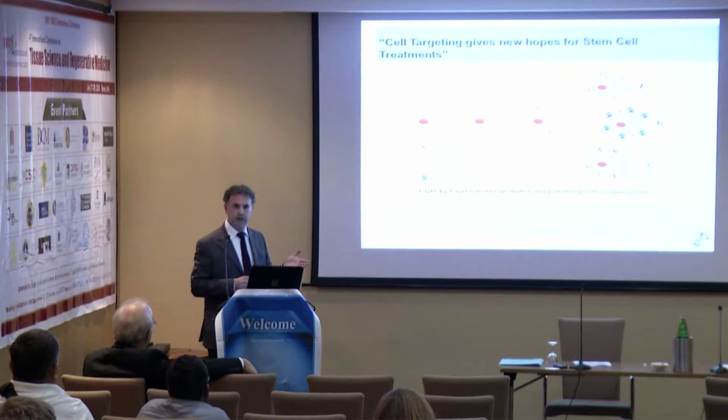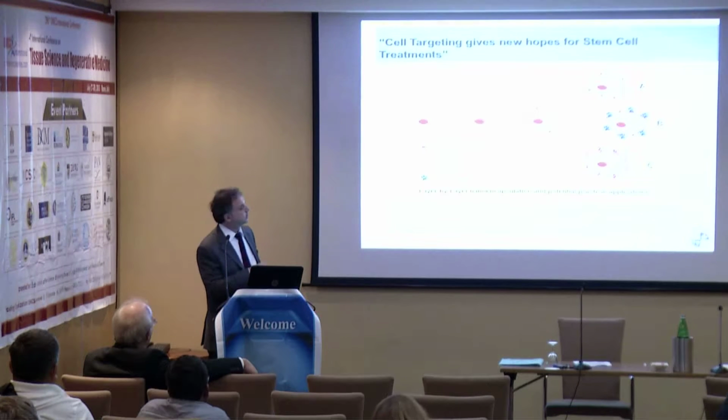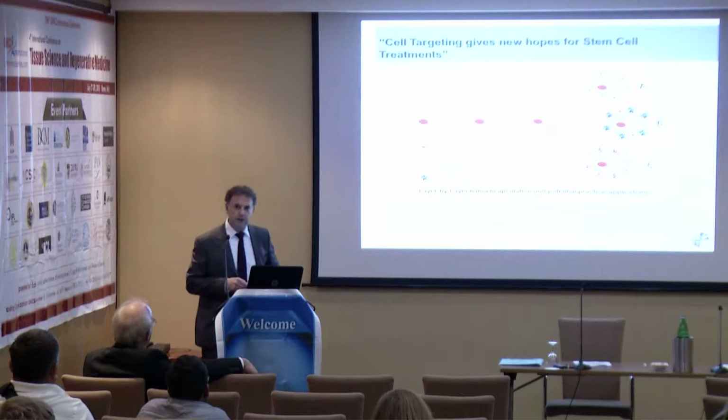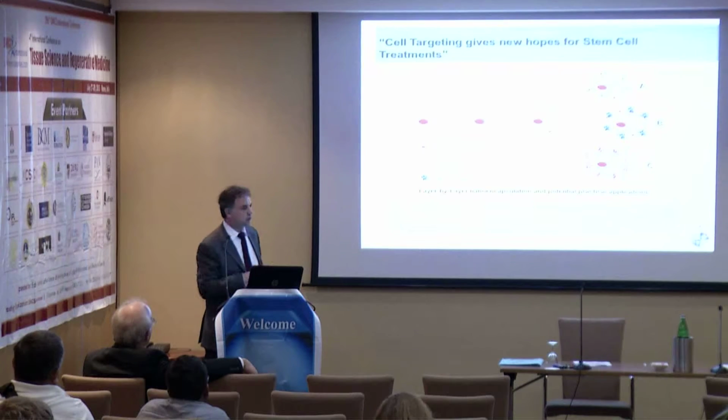The other thing that you can do is to conjugate an antibody, and that gives you a tremendous specificity, because you select this antibody to recognize a specific antigen, for example, in a cancer or in a specific tissue, for example, heart, kidney or liver.